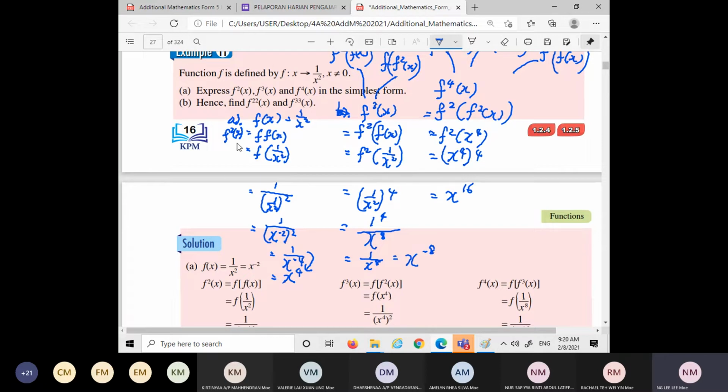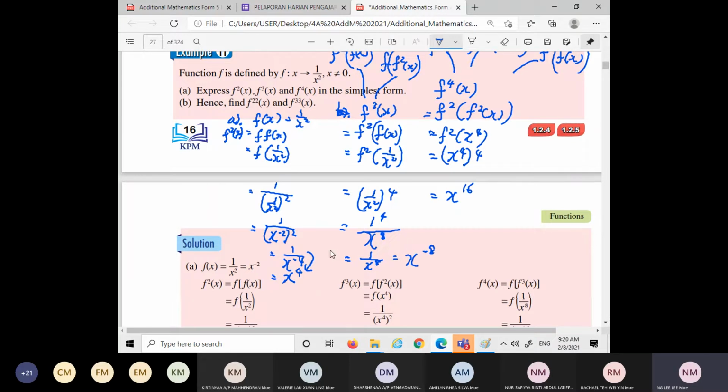You see this. If this is 2 and this is 4, they are even number. If the power is in even number, you see the answer is in positive. If the power is in odd number, the f to power 3, the answer, the power is in negative.